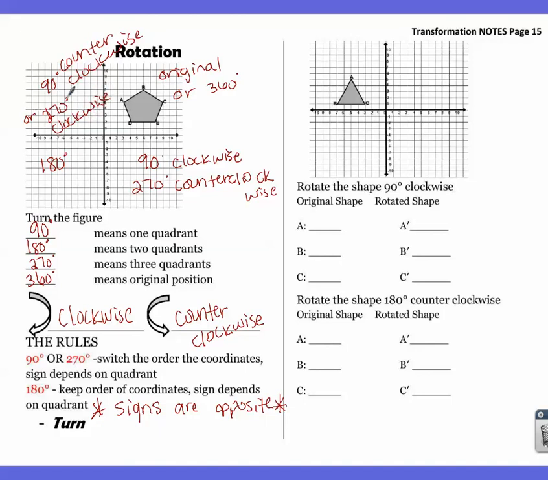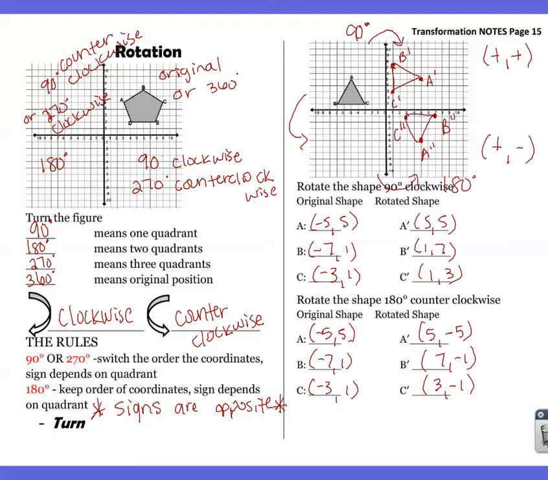So let's try the example to the right. Actually, pause the video and you try the example to the right, both the rotation of 90 degrees clockwise and the 180 degrees counterclockwise. Check your answers with the following problems. Remember your rules. For every 90 degrees, you're flipping your numbers. In the first example, you should have rotated the order of your numbers, and then you adapt your signs to the quadrant you're in.